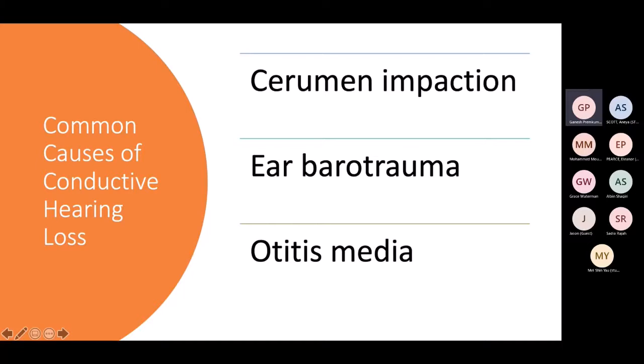So cerumen impaction, fancy way of saying earwax, and ear barotrauma. That would include things that rupture the tympanic membrane, because if the tympanic membrane is ruptured, it's not going to vibrate. If the tympanic membrane is not vibrating, no vibratory translation will happen to the malleus, incus, stapes, right?